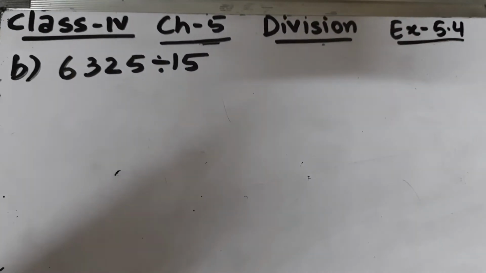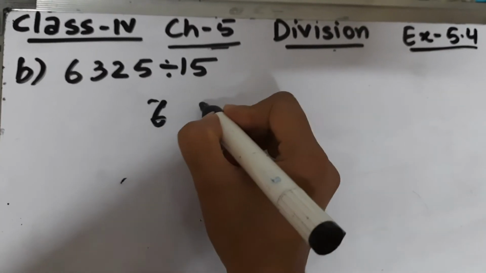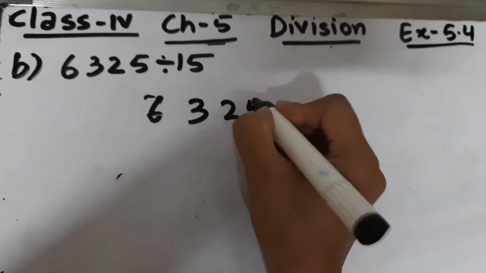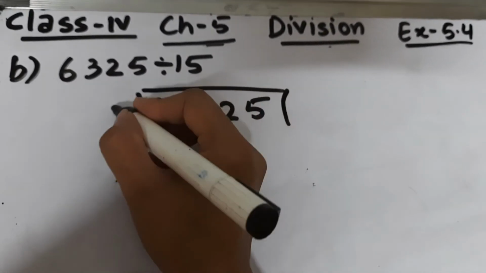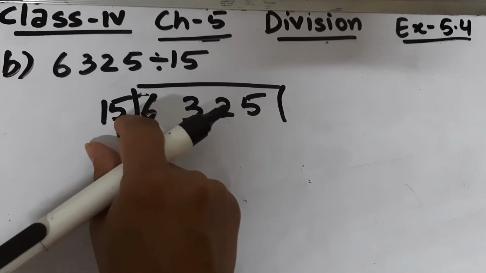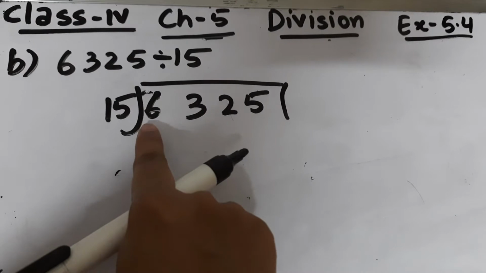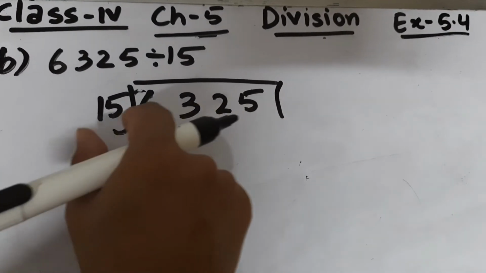B part is 6325 divided by 15. The dividend is 6325 and the divisor is 15. See, we cannot divide 6 by 15. So we will combine 6,000s and 300s. And now we will divide 63 by 15.